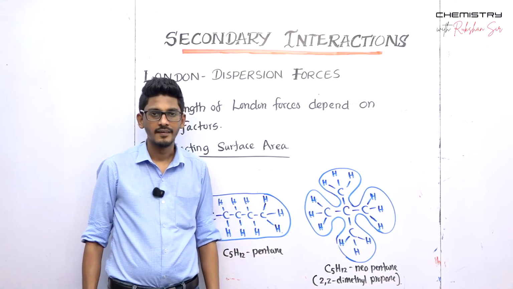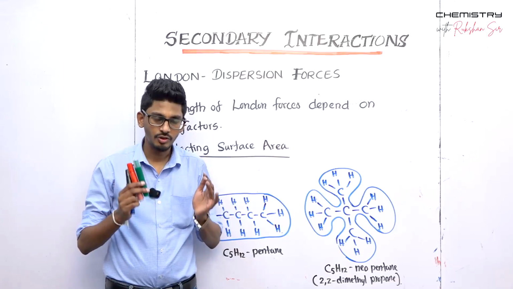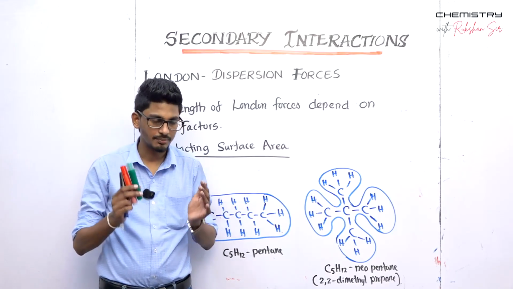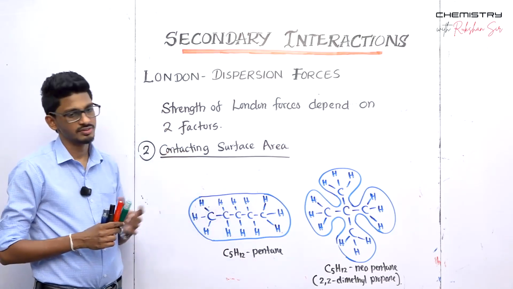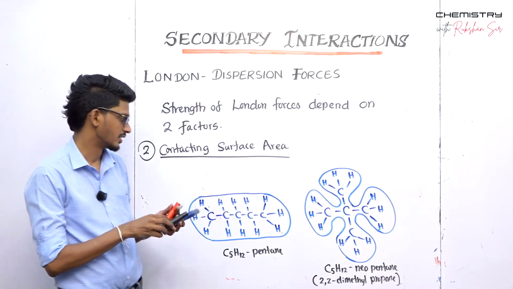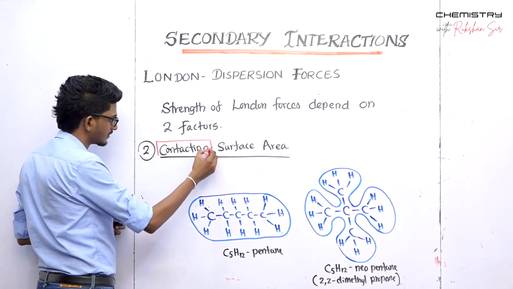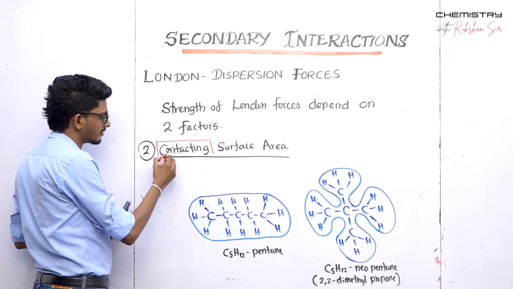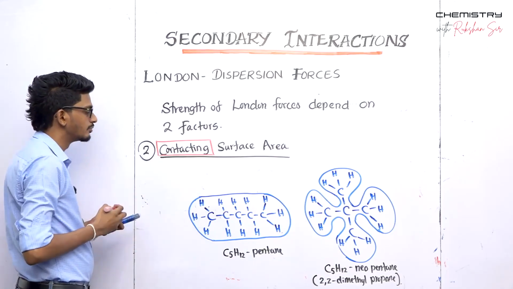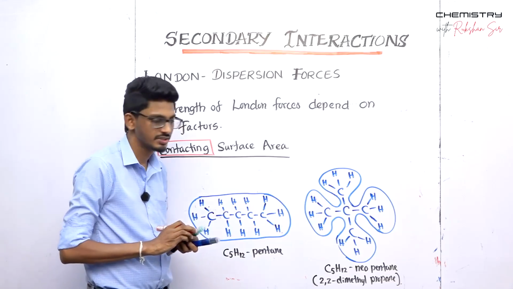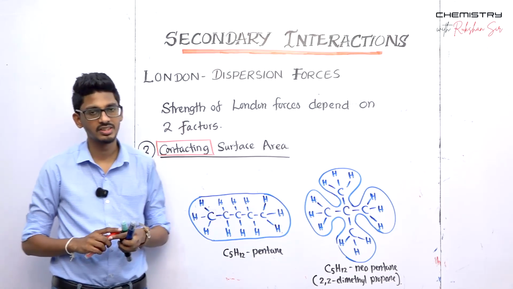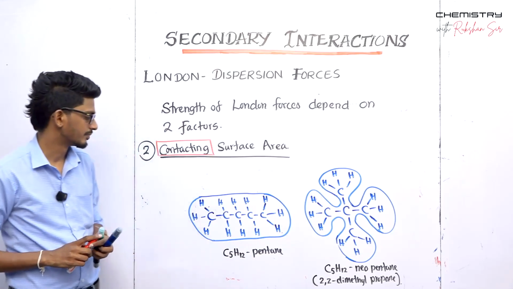But what matters for the London force strength is not the surface area, but the contacting surface area. This wording is very important. Contacting surface area, or one can say the effective surface area. See what this means. It is like this now.